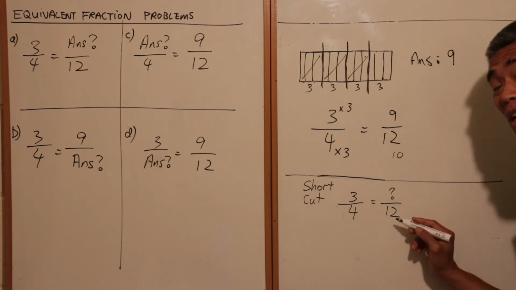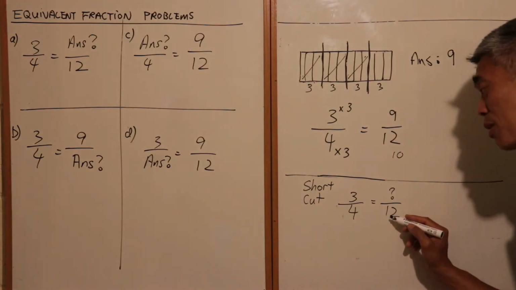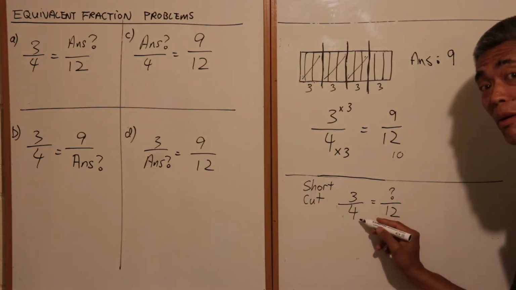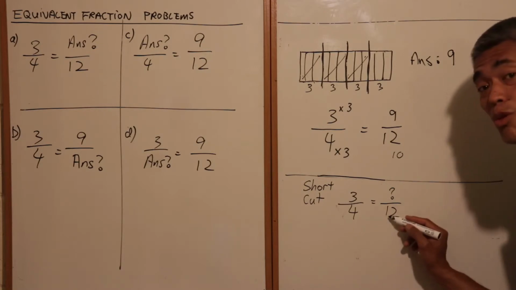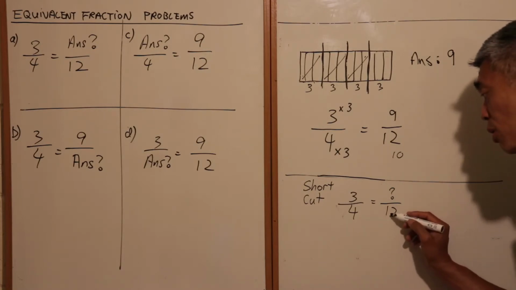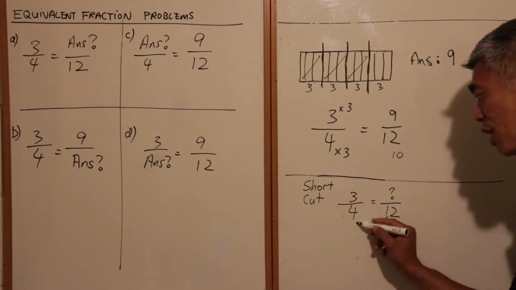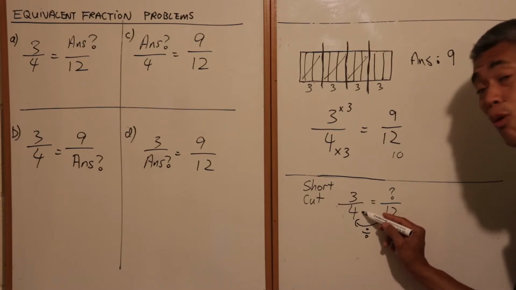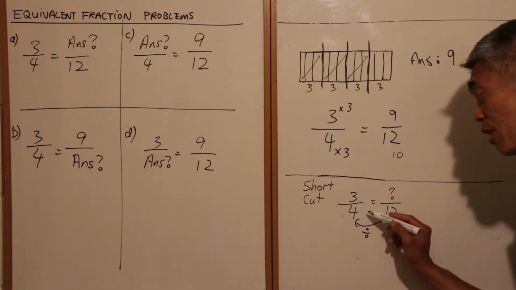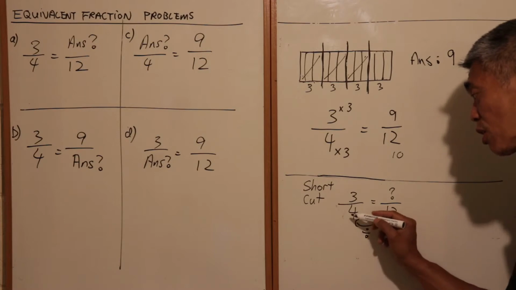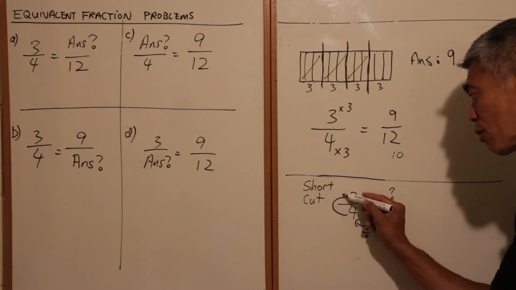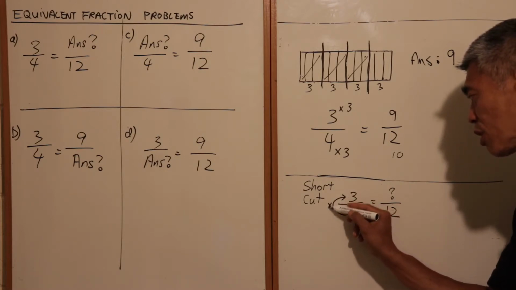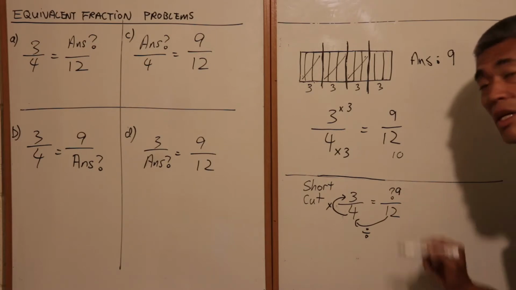If you have a hard time figuring out what number you have to multiply with 4 to give you 12, you simply go 12 divided by 4 to give you the number that you have to multiply by 4 to give you 12. And that number, which is 3, you then multiply with 3 to give you 9.